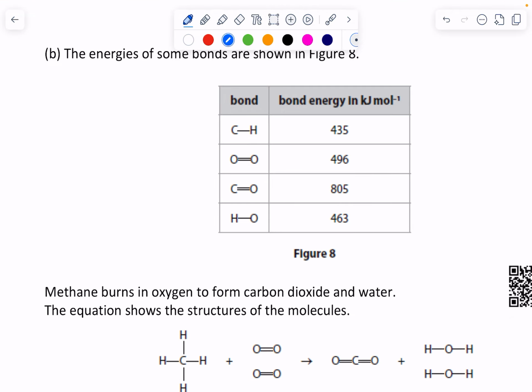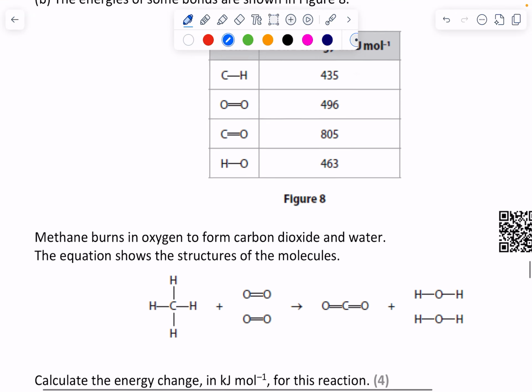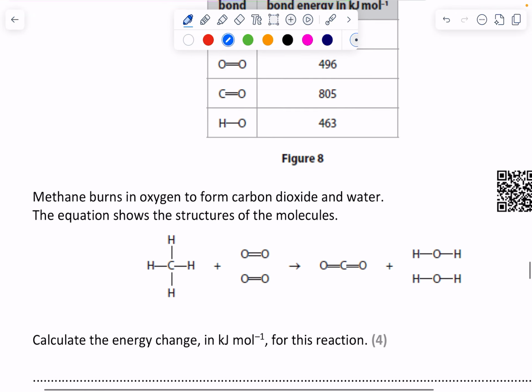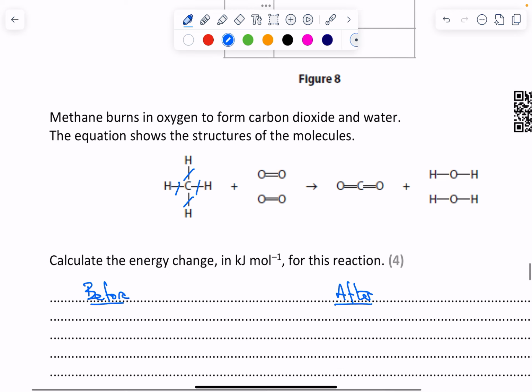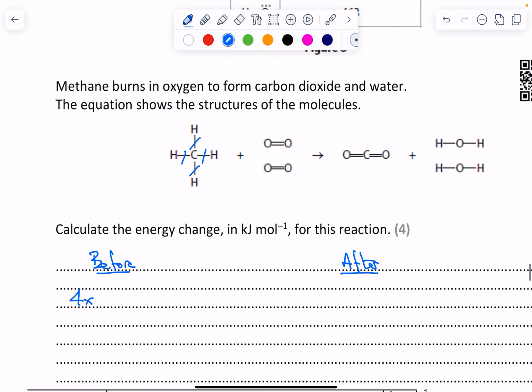Okay, energy calculations. So methane burns as shown. Calculate the energy change for this reaction. So the best way of doing this is we're going to do a before and after approach. So before, we've got 1, 2, 3, 4. We're going to break 4 times carbon-hydrogen bonds.